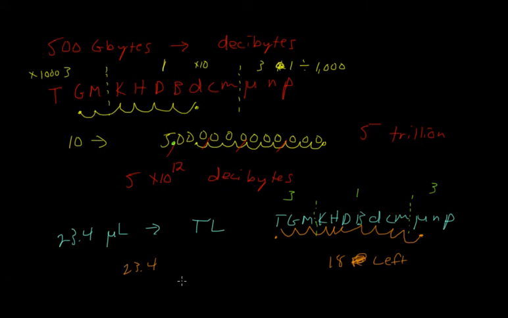So 1, 2, 3, 4, 5, 6, 7, 8, 9, 10, 11, 12, 13, 14, 15, 16. 2, 3, 4 teraliters is the answer. So this is an extremely small number because this is an extremely large prefix. Okay, so this is the answer, but once again, this is kind of messy.